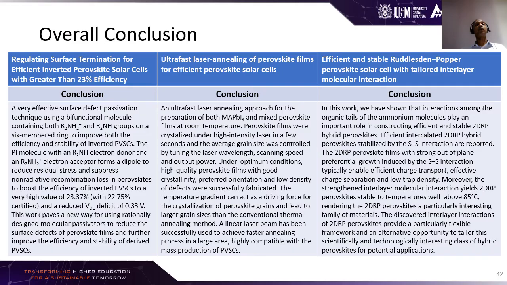Now, for my overall conclusion for the three papers, right? For the first one, basically the conclusion here is it is a very effective surface defect passivation technique using a bifunctional molecule containing both the R2NH2+ and R2NH groups on a six-membered ring to improve both the efficiency and stability of inverted PVSCs.